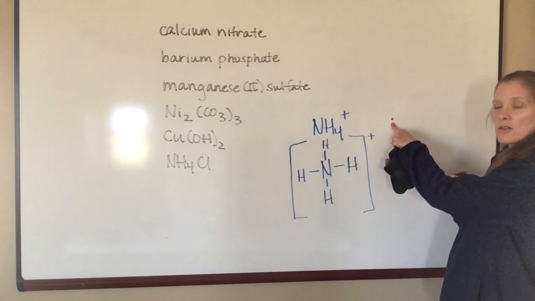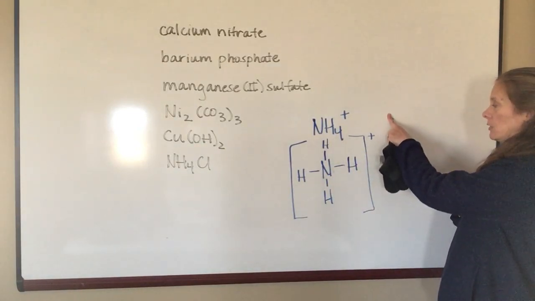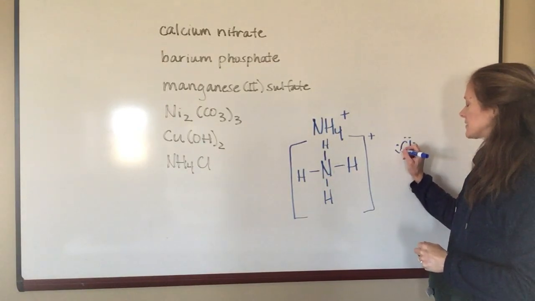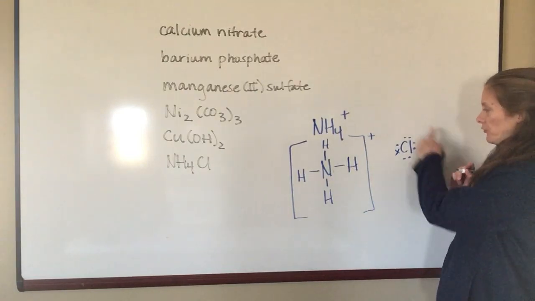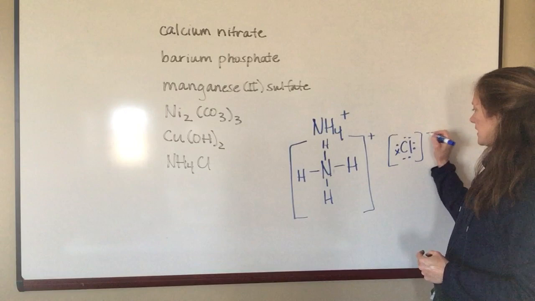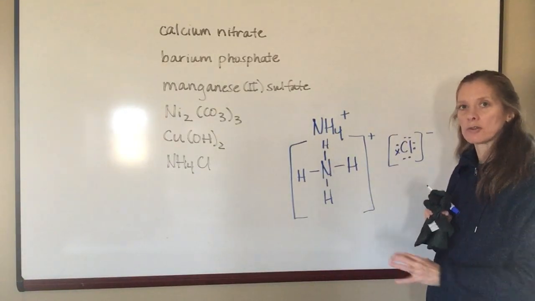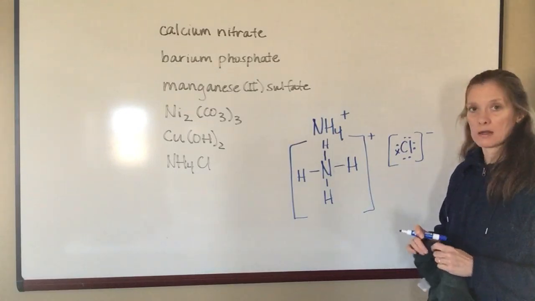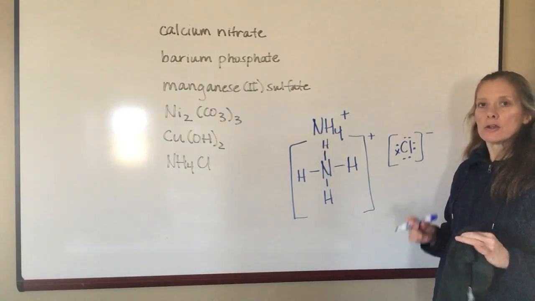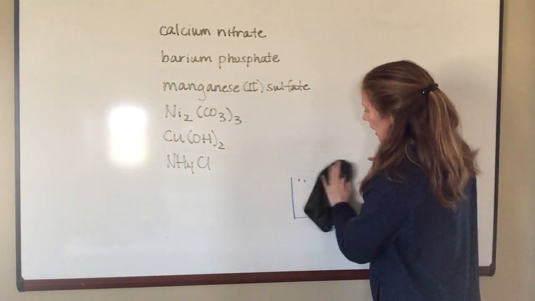And so this other electron that we took off of here, floating out in space right now, is going to come down here to fill this outer shell. Then this whole thing becomes negative, and then your positive and your negative charges will attract each other, therefore making an ionic compound.